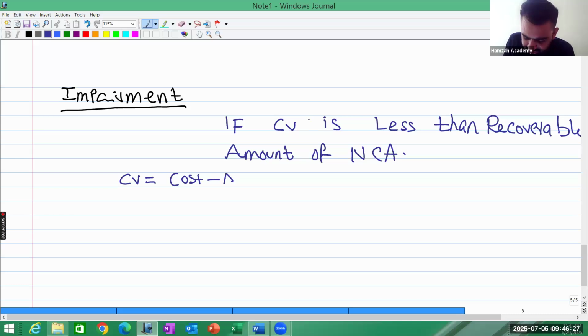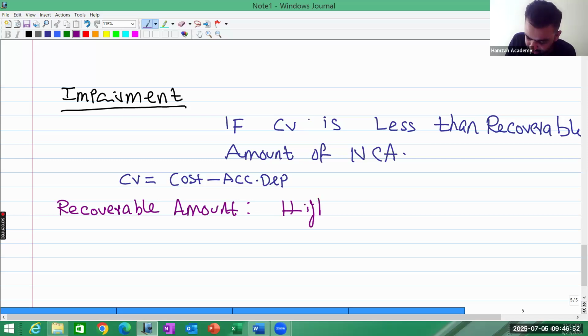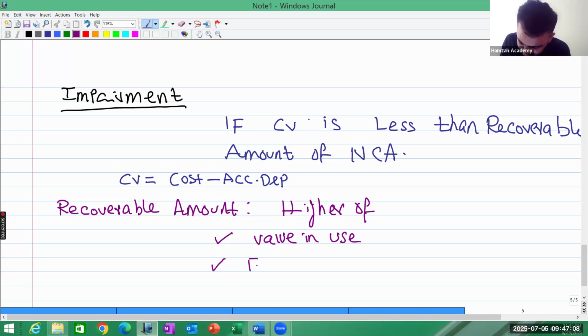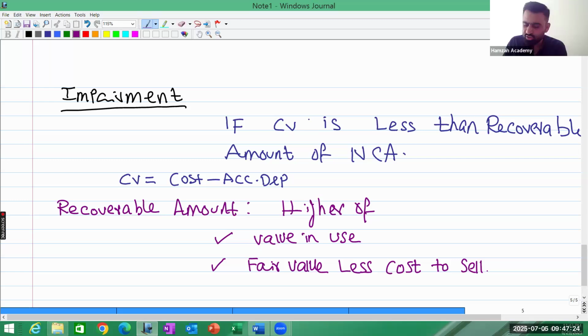Carrying value is cost less accumulated depreciation, and recoverable amount is higher of value in use or fair value less cost to sell.